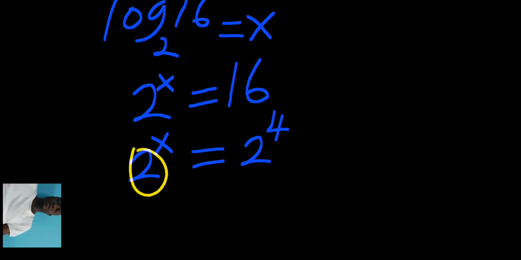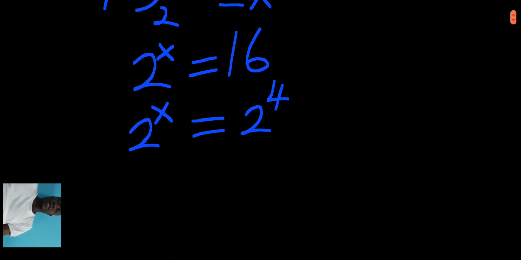In indices, we learn that when the bases are the same, then the exponents are also equal to each other. Hence, x is equal to 4.